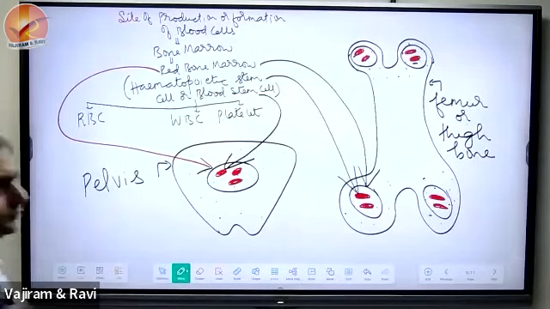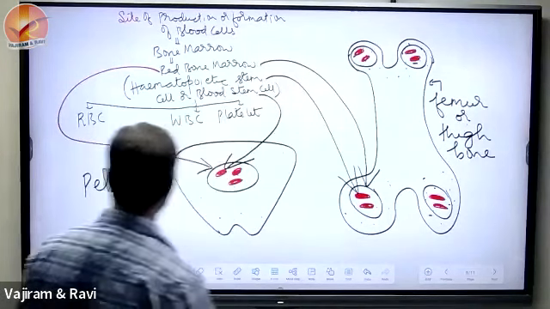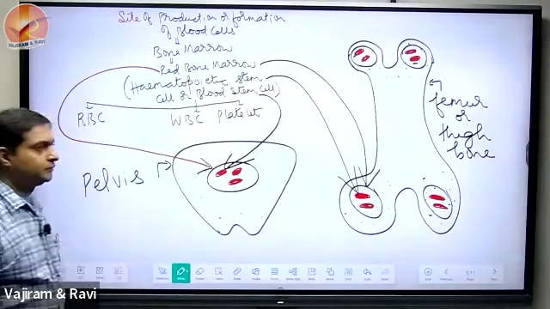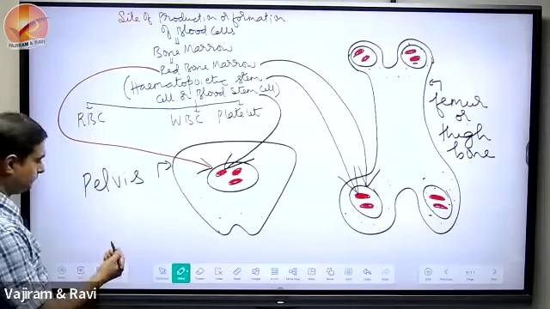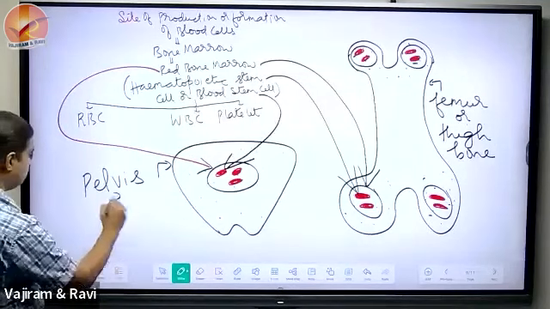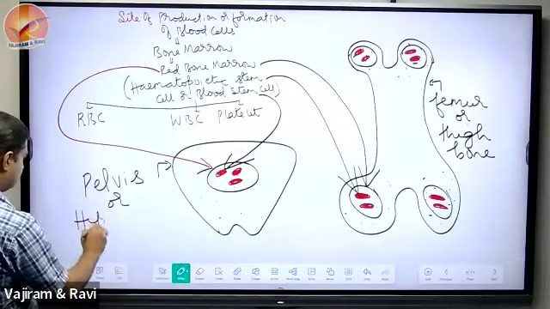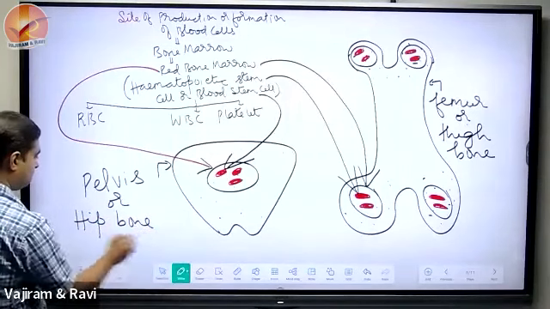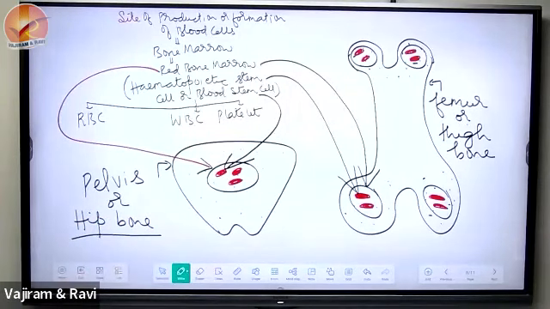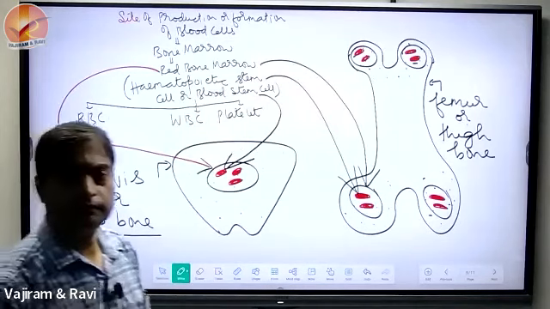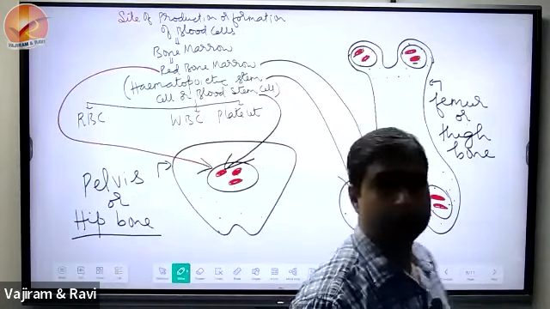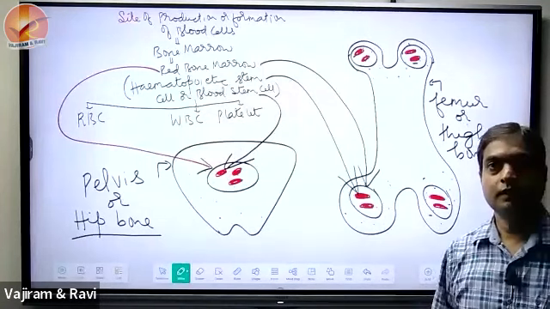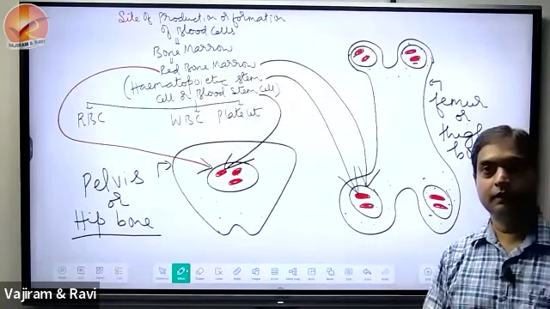Which one? Yes, pelvis means hip bone. Platelets and prothrombin related.